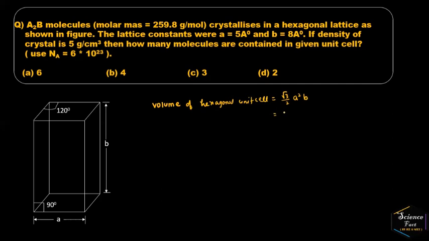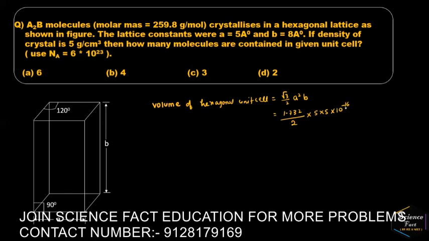Here root 3 by 2, we know that 1.732 is the value of root 3, divided by 2, into a square. It means 5 into 5 into 10 to the power minus 16 in terms of centimeter square, because 1 angstrom is equal to 10 to the power minus 8 centimeter.